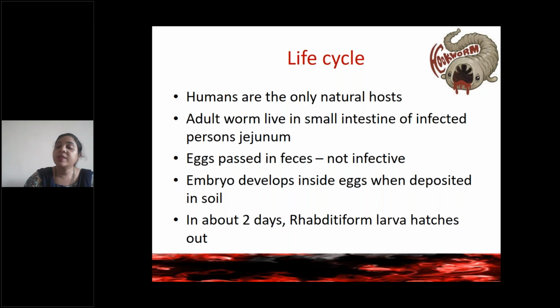In the soil, within the egg the embryo develops. In 2 days, the first larva to be formed is the rhabditiform larva.